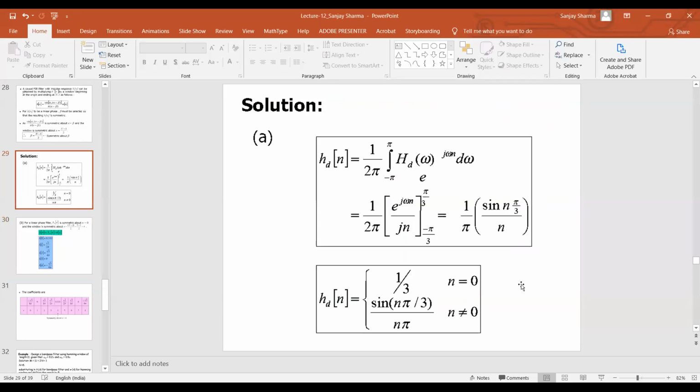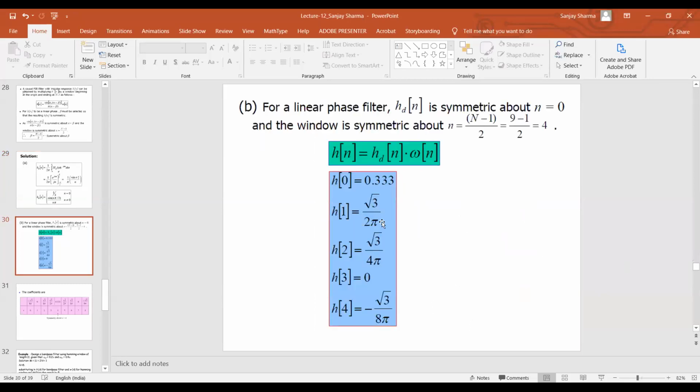When it is multiplied by WN, which is 1, it remains the same. So H1 will be calculated by using the value of n to be 1, and it comes out to be root 3 by 2 pi. H2 comes out to be root 3 by 4 pi. H3 comes out to be 0 and H4 comes out to be minus root 3 by 8 pi.